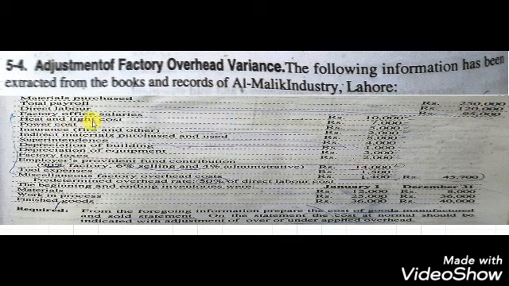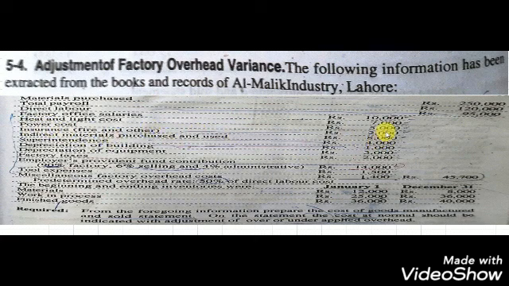Now factory overhead: office salaries, which is an indirect cost, 10,000 rupees, heat and light cost, 7,000 rupees, insurance, fire and other, 2,000 rupees.